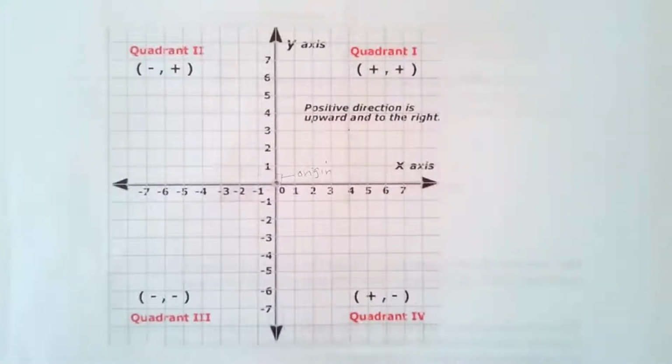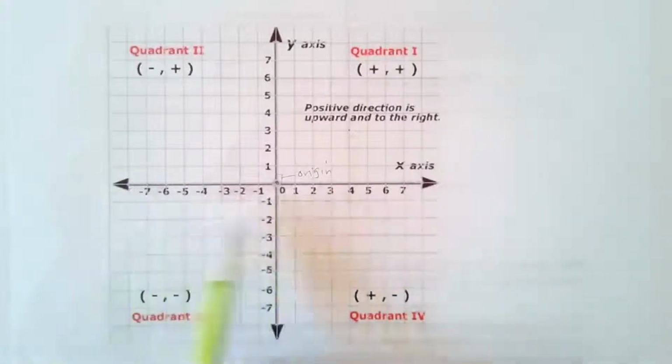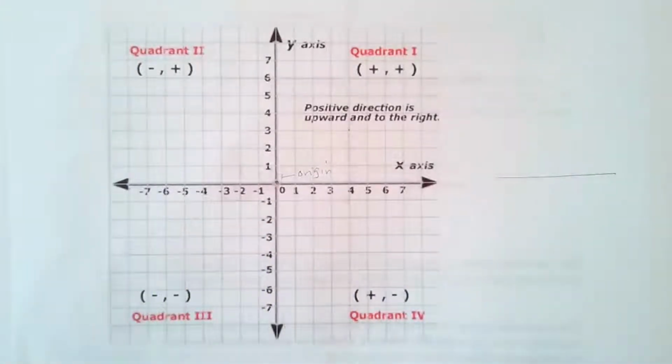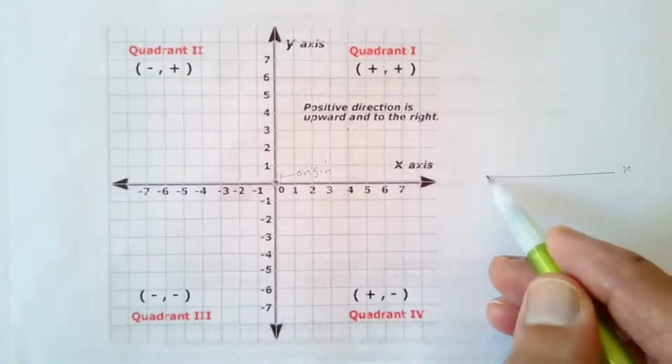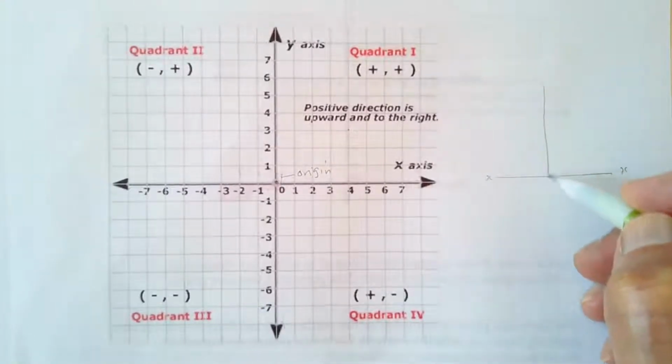So that's probably the simplest way to describe the Cartesian plane: just two number lines, a number line called the x-axis and another called the y-axis.